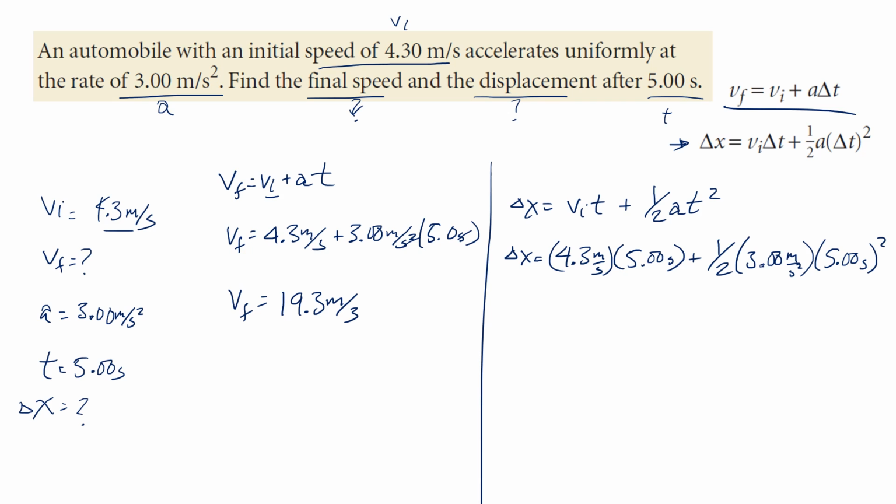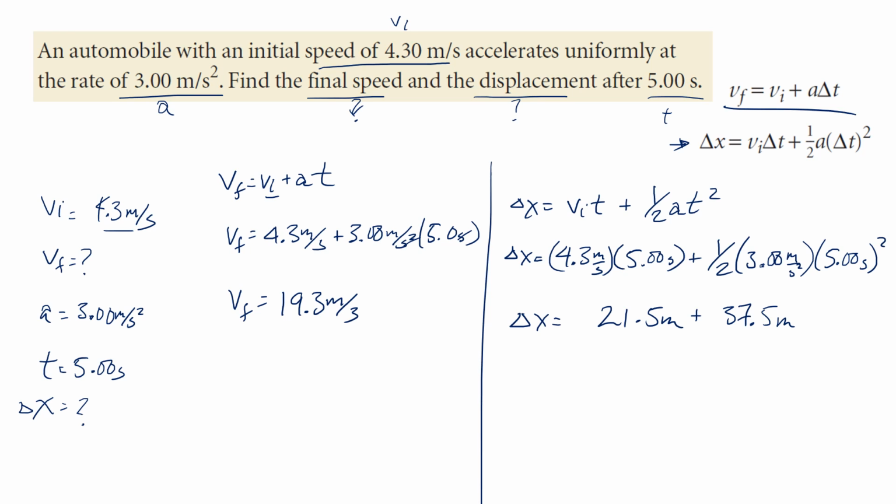So this little part becomes 37.5 meters, and then this front part is 4.3 times 5, and I got 21.5 meters. So our delta x is equal to just adding these two things together.